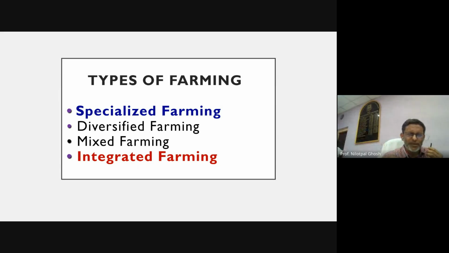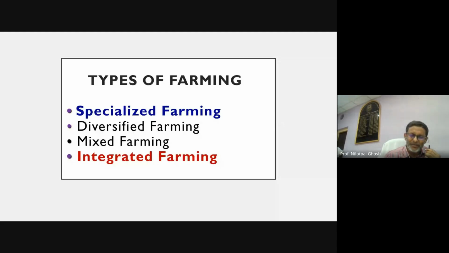And what is mixed farming by definition? You know, agriculture economist said that a farming where at least 10% of the total income of the farm should be derived from the animal component. So this is the mixed farming. And what is integrated farming?